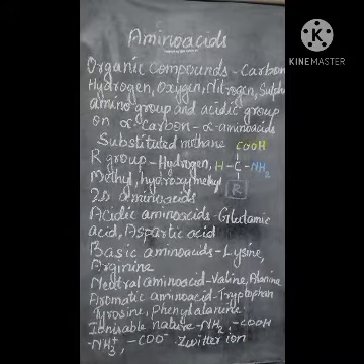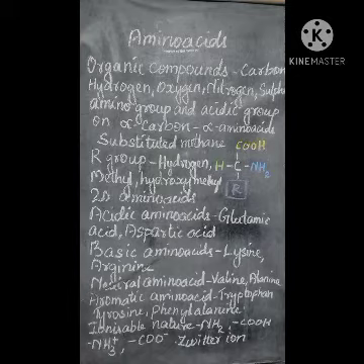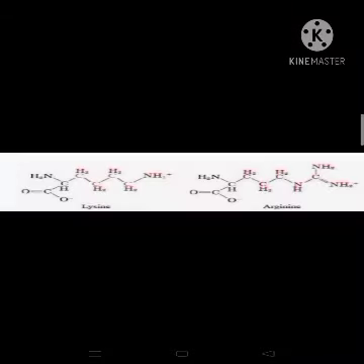Amino acids which have more than one amino group are called basic amino acids. For example, lysine and arginine have more than one amino group, so they are called basic amino acids. This is the structure of lysine and arginine. They are examples of basic amino acids because they have more than one amino group in them.